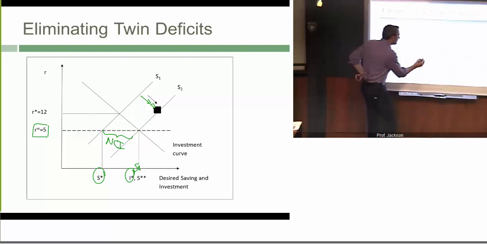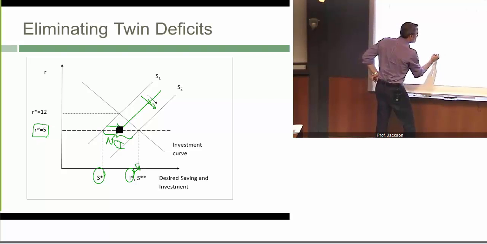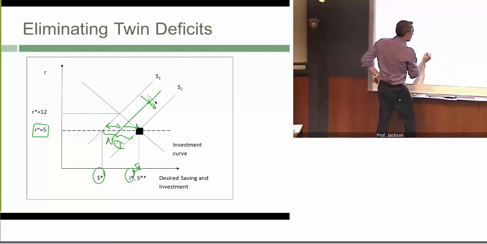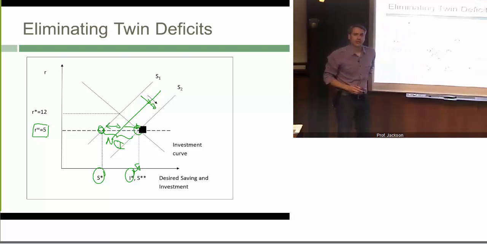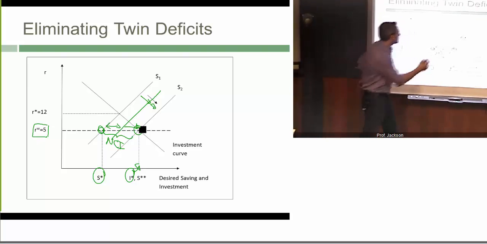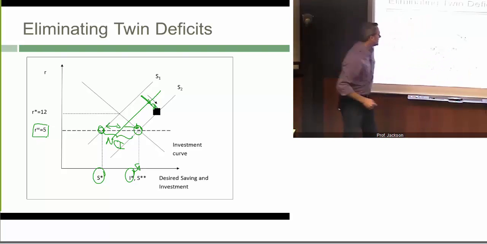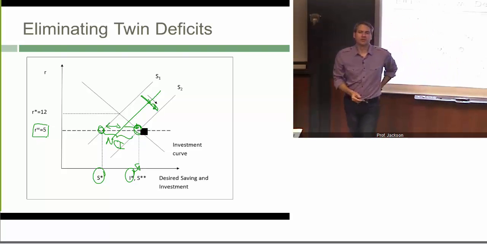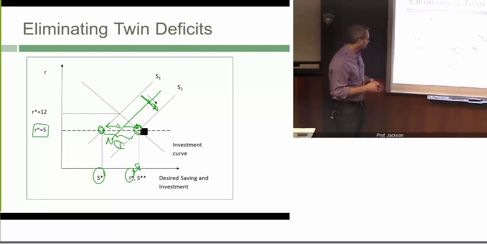And as you can see, as we shift the savings curve to the right, that closes that gap between the domestic savings generated and the amount of domestic investment demanded at that interest rate. So in a perfect world, we could fully close that gap by increasing savings to S2 here, in which case you'd have savings exactly equal to investment and no capital inflows as a result of that.